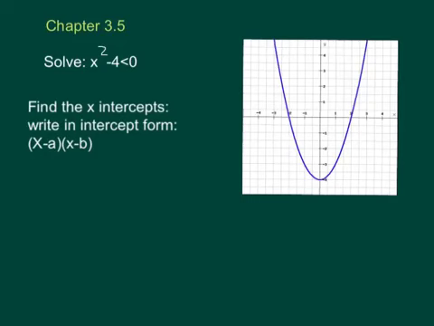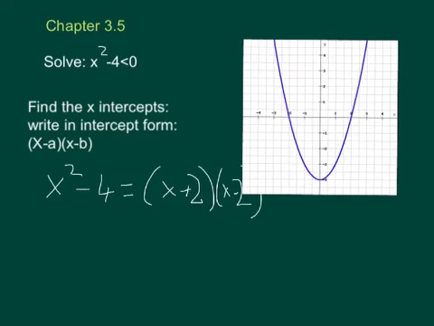So for this function, x squared minus 4, it should be pretty easy to see that this is x plus 2, x minus 2. So my x-intercepts are -2, 0, and 2, 0.